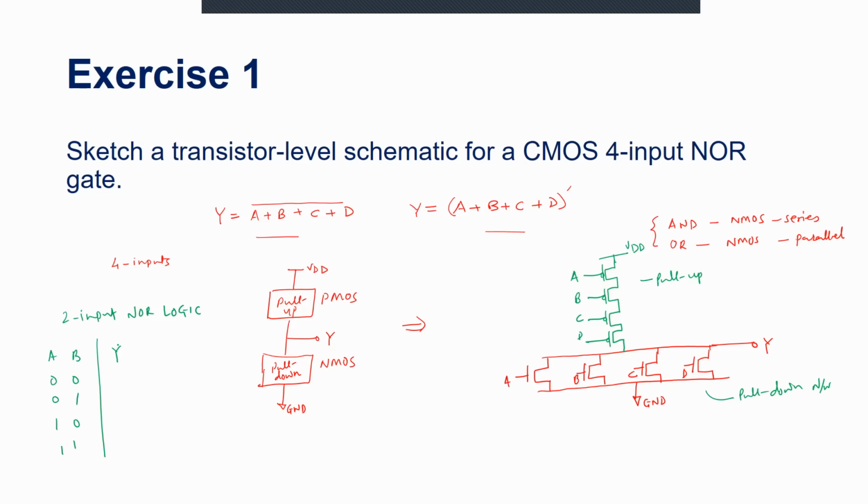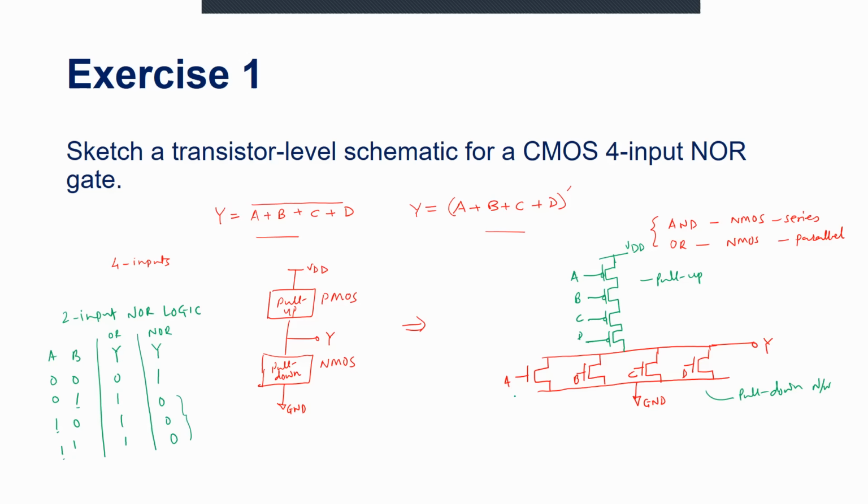The output of an OR gate would be 1 if any input is 1. This is for the OR logic, right? But for the NOR gate, the output Y would be just the complement of OR. So for any input combination, if any input is logic 1, the output would be logic 0.